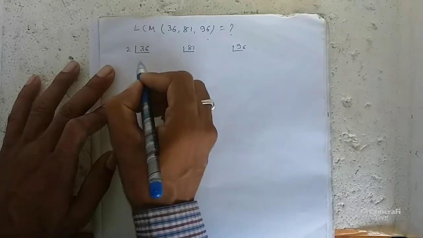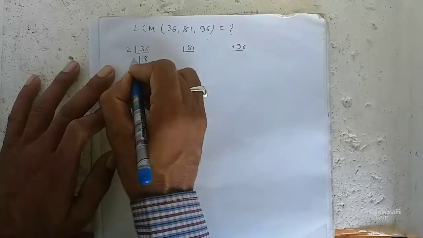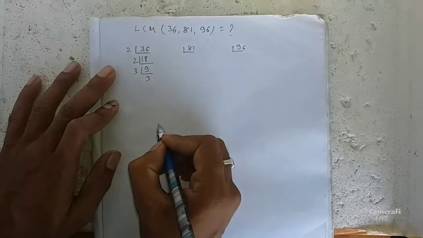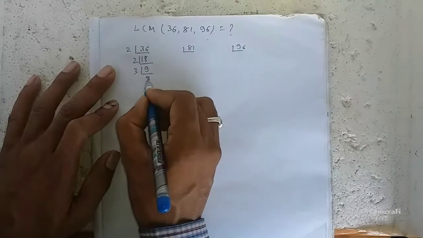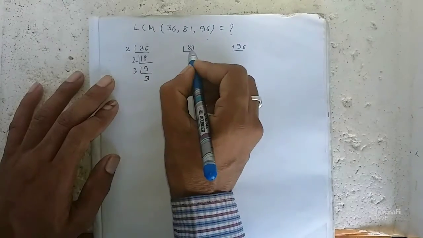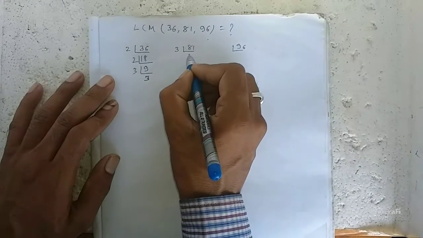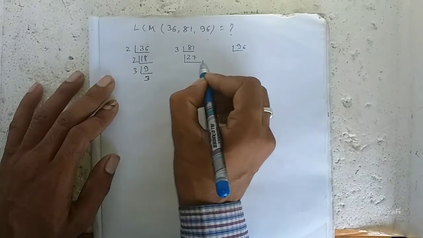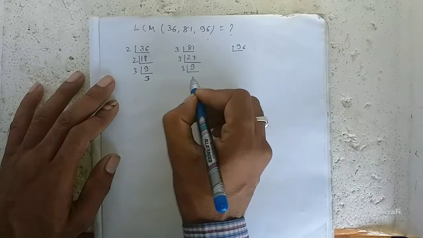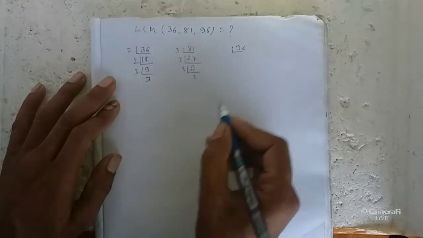We can divide 36 by 2, 18, 2 can divide 18, 9, 3 can divide 9, 3. So 2, 2, 3, 3 are the prime factors for 36. Now 81, 3 can divide 81, 27, 3 can divide 27, 9, 3 can divide 9, 3. 3 is a prime number.